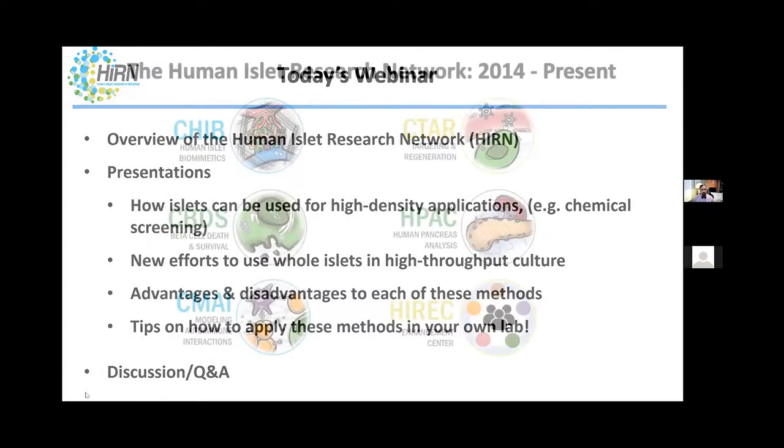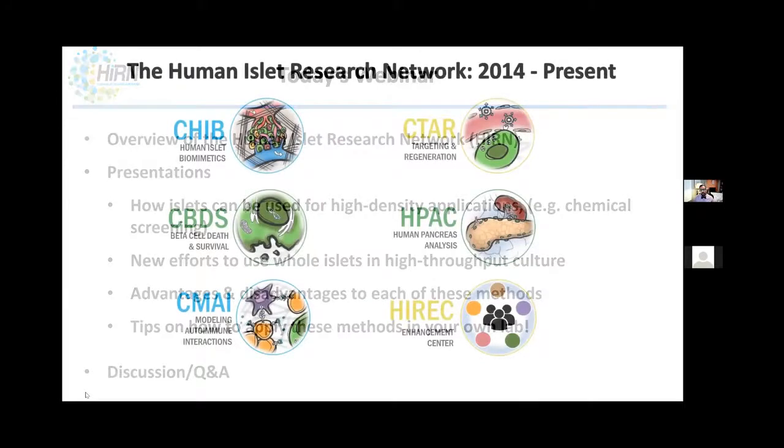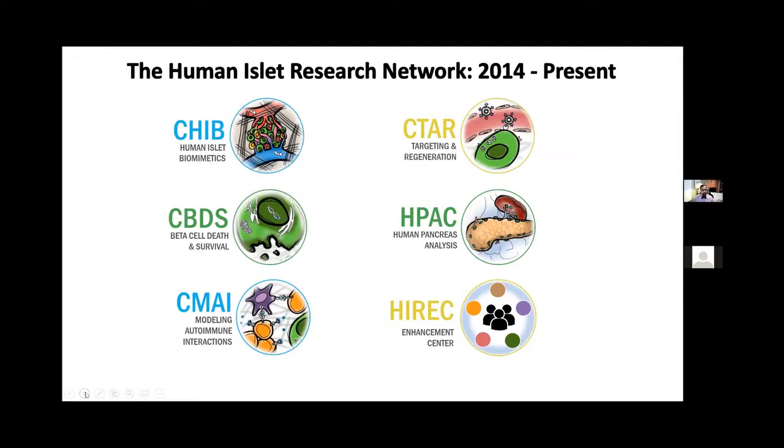So HERN is a fairly large network made up of several different consortiums, and you see the icons for each of these consortiums listed here. Each of these groups has a different theme that they focus on. The overall goal is to understand how type 1 diabetes develops, and what ways we can develop strategies to try to prevent or protect human islets.